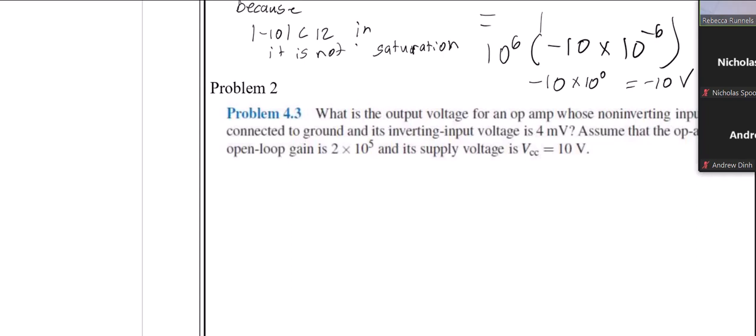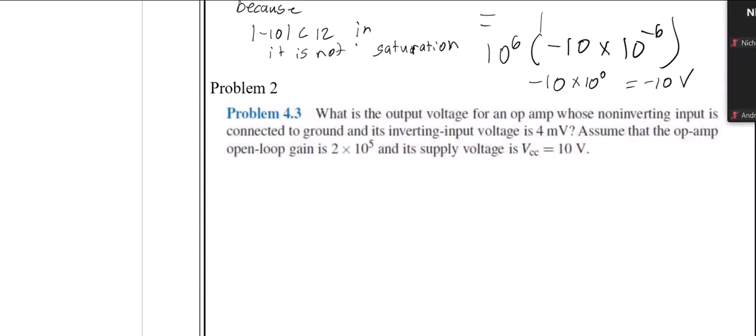But I found when I did electronics, it was a lot of knowing what situation am I in and what equation applies to that situation, because you have these devices and different conditions under which they operate, like in saturation and not in saturation. That's going to be key to understanding what is going on here. So one of the things we're looking at is whether our op amp is in saturation or not.